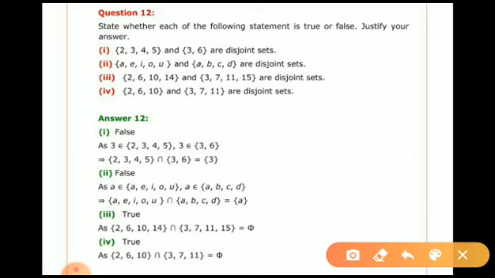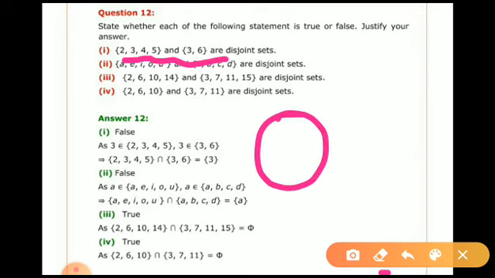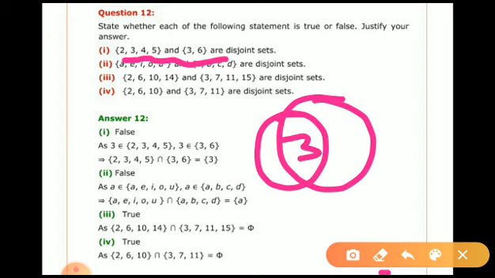See the first one: {2, 3, 4, 5} and {3, 6} are disjoint sets. 2 is not there in the second set. 3, yes, it is there. Will it be disjoint? No, it has 3 as a common element. So the sets are not disjoint.